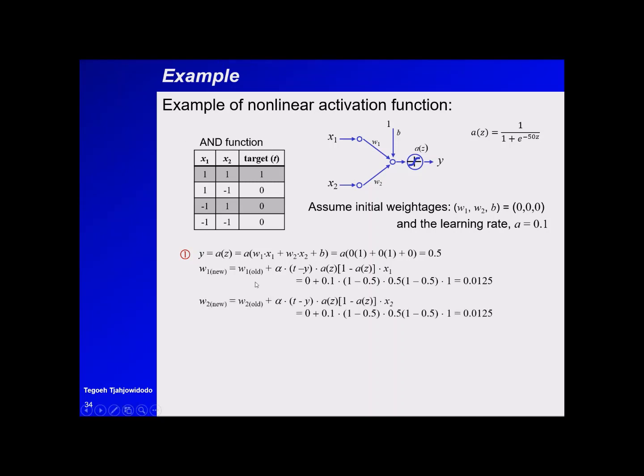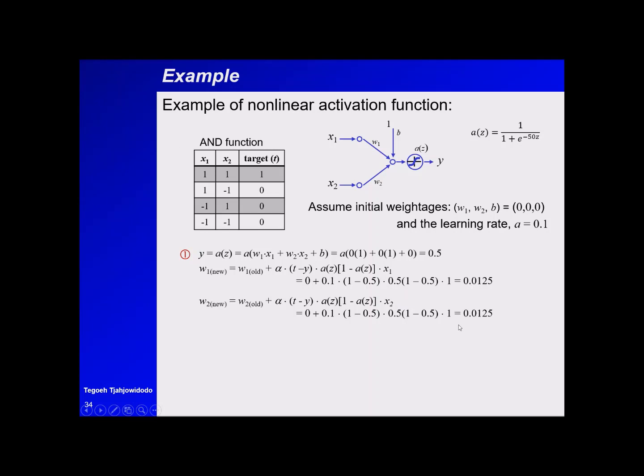Same thing, I take the old W2, 0. I use the same learning rate, target and output, because we are still looking at the first data set. Then I multiply by the second input of the first data set, which is 1.